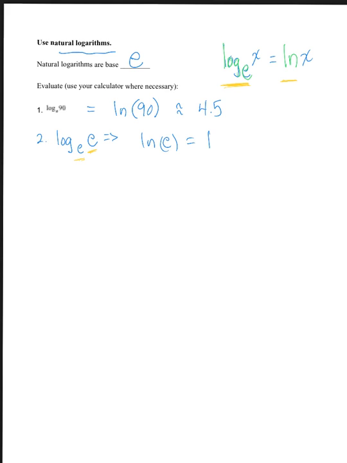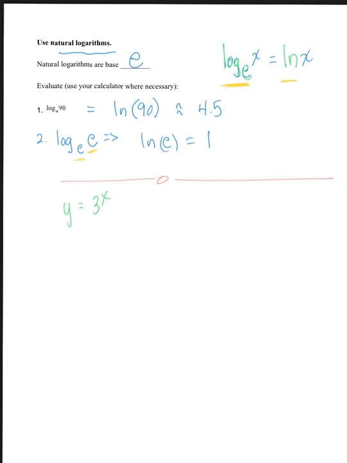Now, we've talked about graphing parent functions and applying transformations to them. So what happens if I give you y equals 3 to the x? That's a beautiful parent function.